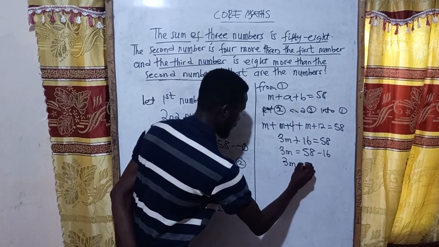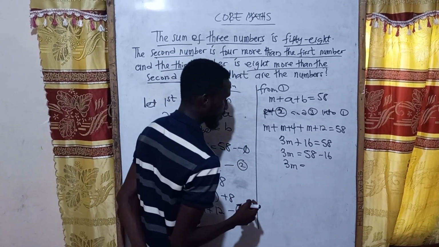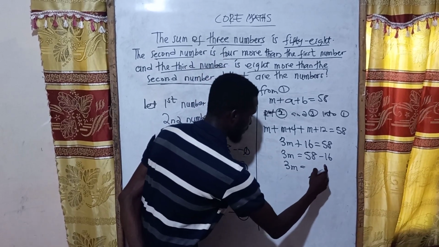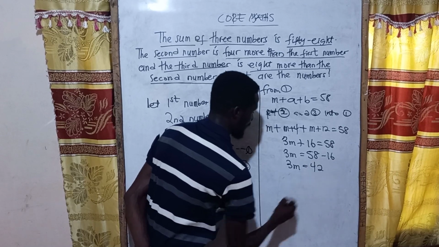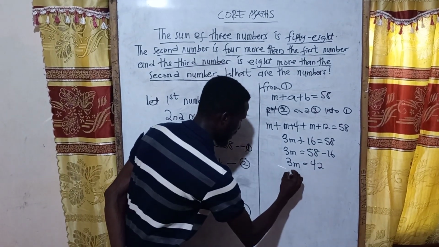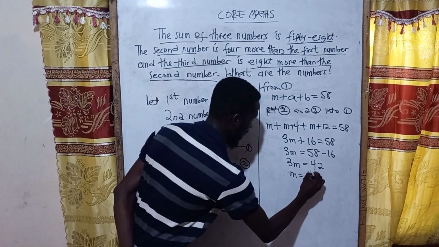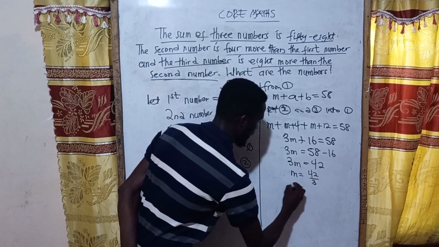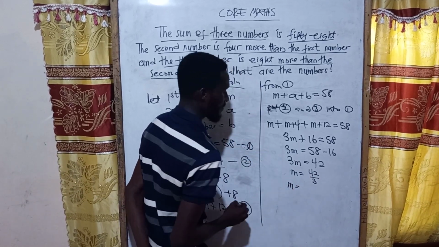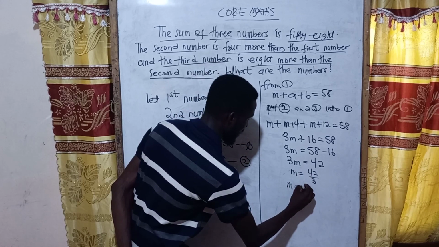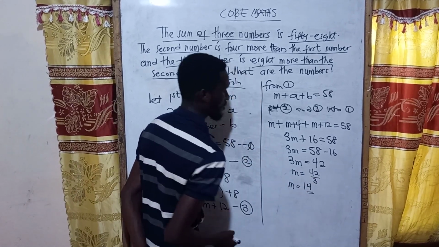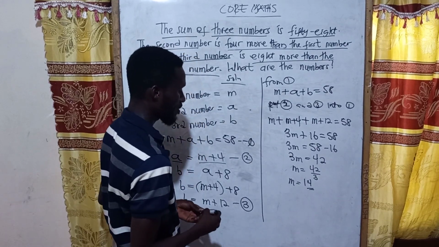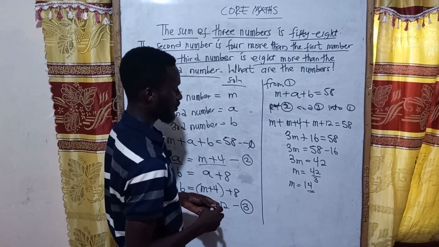Now 3M, subtract 16 from 58, what are you going to get? When we subtract this, I'm going to get 42. Now at this point, we can divide both sides by 3. So M is equal to 42 over 3. M will give us 14. So 3 goes into 42 14 times.